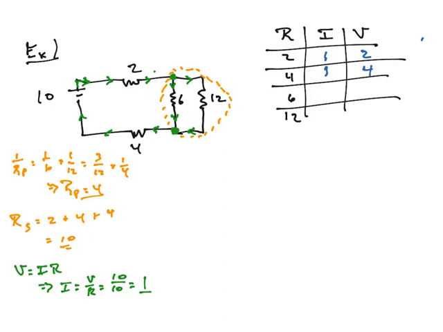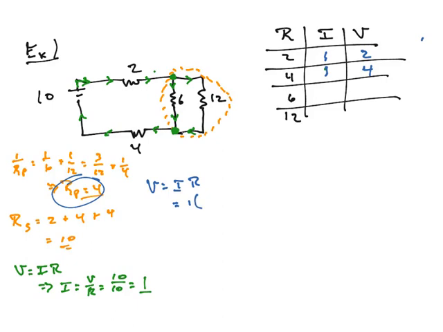Can I figure out how much voltage is dropped by the set? There's 2 ways to do this. One way is to say, look, I already know the resistance of the set is 4. So let me do V equals IR for a 4. I have 1 hitting the set. Remember, if I think of this parallel set as one thing, it doesn't split. So all the current hits it.